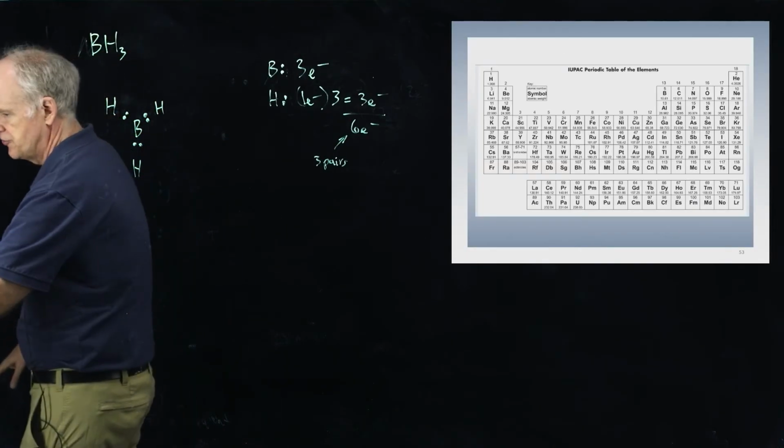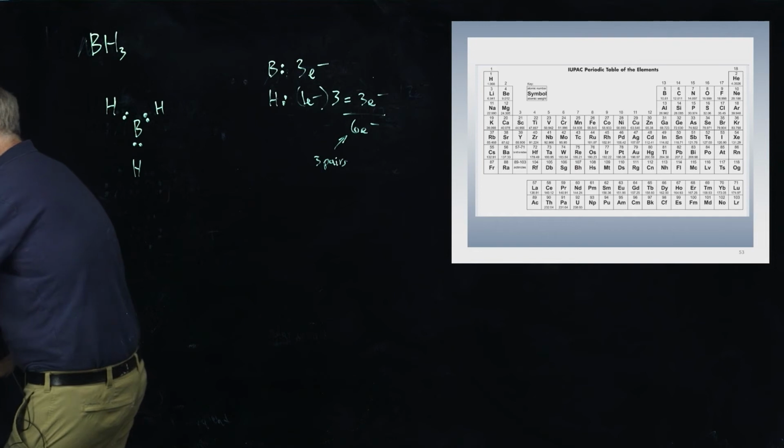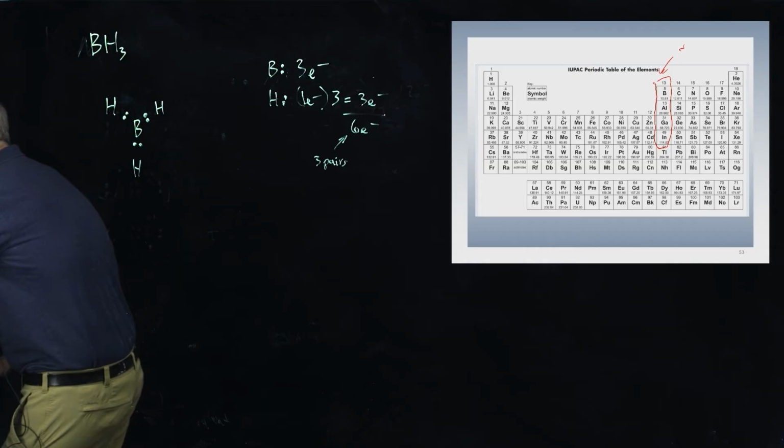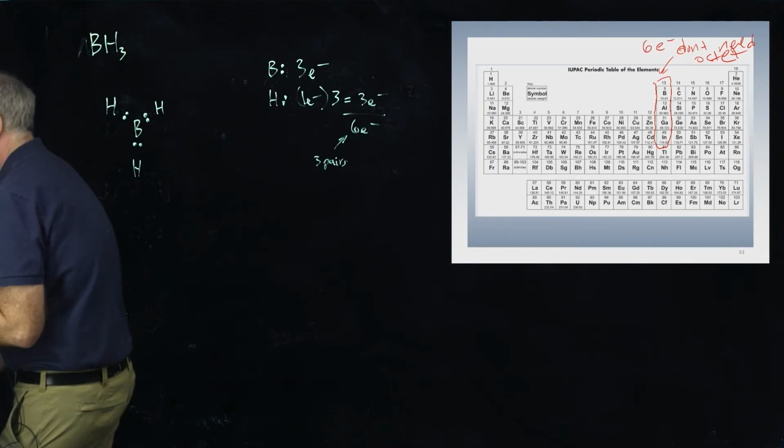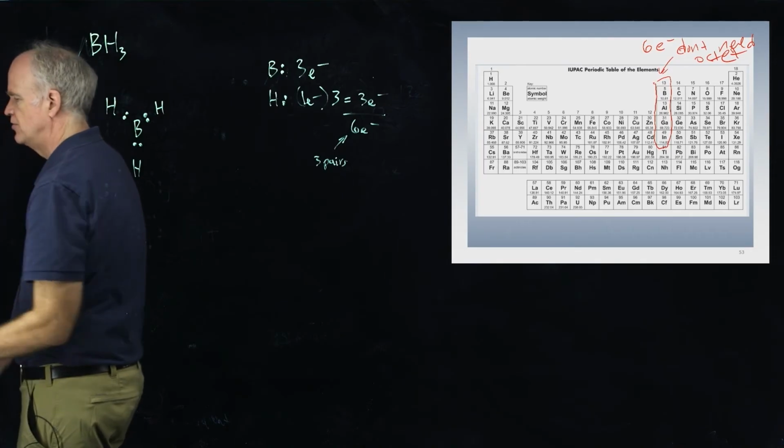When you have elements in group 3 here, boron, aluminum, gallium, and so on, these elements don't need an octet, and they'll be happy with 6 electrons. So I'll just indicate that there. That's something to keep in mind when you draw structures.